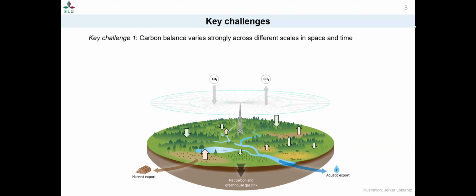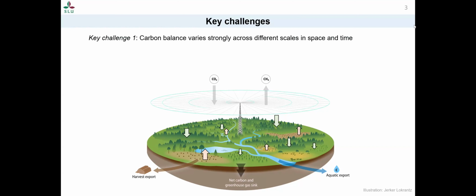First of all, of course, the fluxes vary throughout this landscape strongly in space and time. We have many different sinks with different sink strengths. We have other areas where we have losses of carbon.